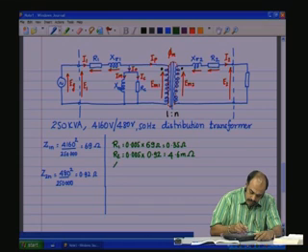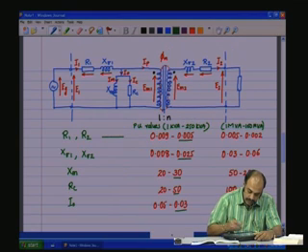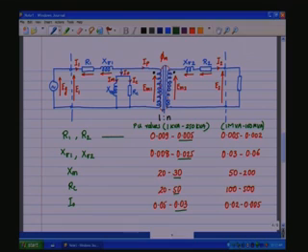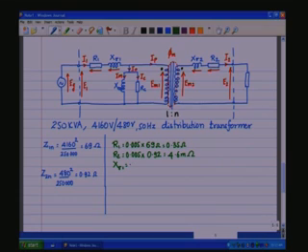Now the leakage reactance X sigma 1. If you look at X sigma 1, the per unit value is 0.025 for a 250 kVA transformer, 0.025 into the base impedance for the primary side, which is 69, will give you 1.7 ohms.